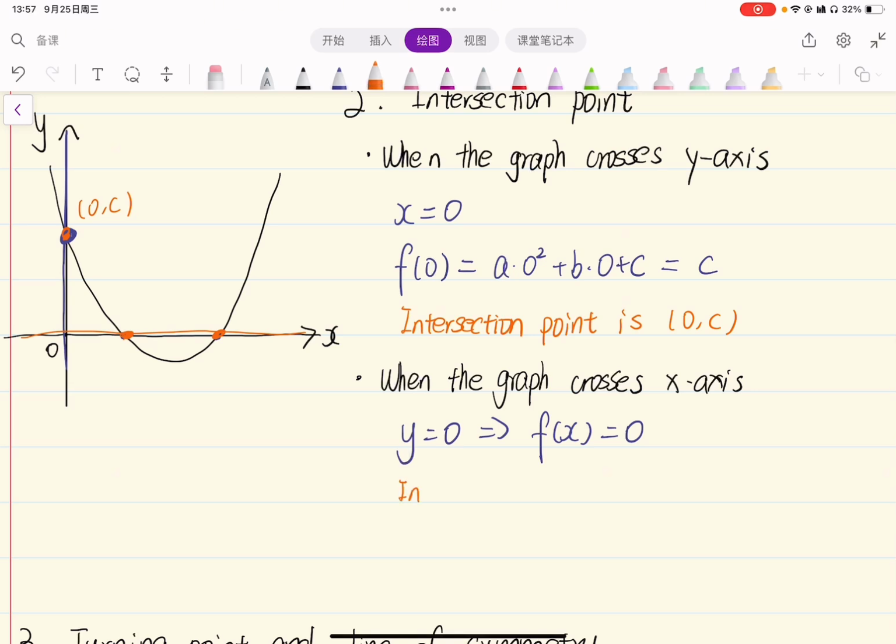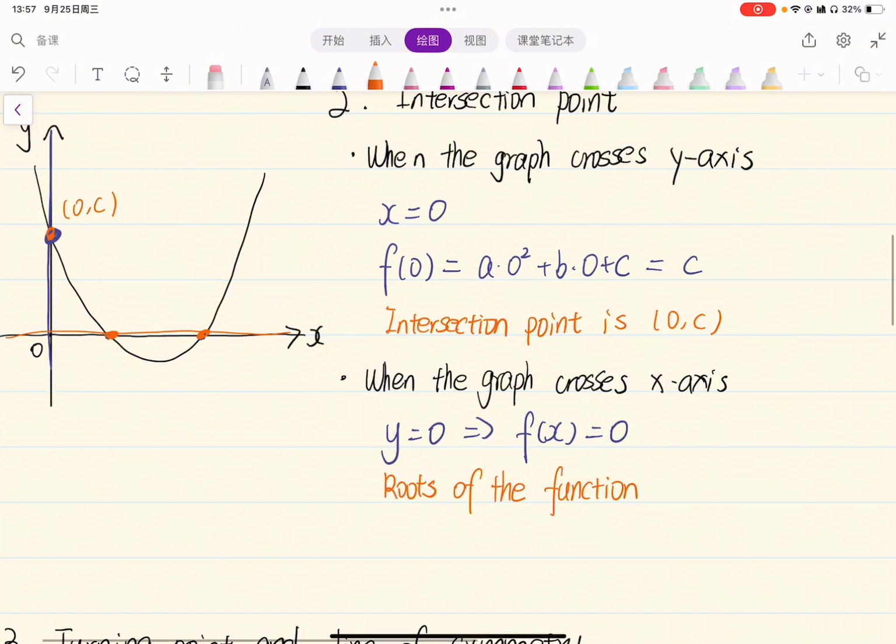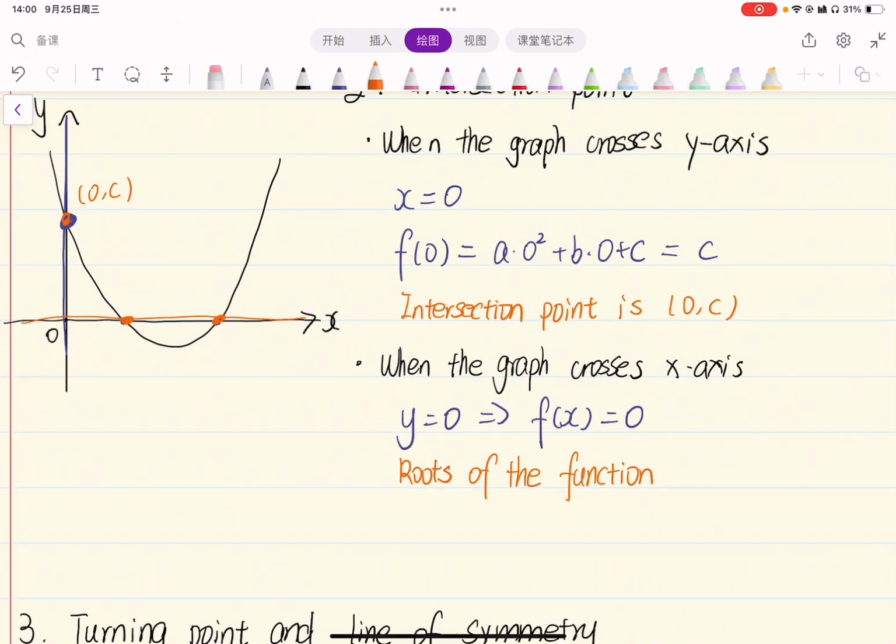So the intersection points. Maybe we have the roots of the function. We can have 0 roots, 1 root, or 2 roots. Here, I just write 2 roots as an example.